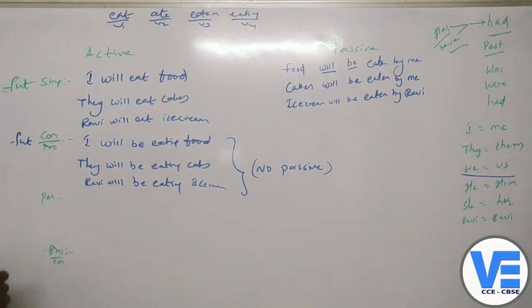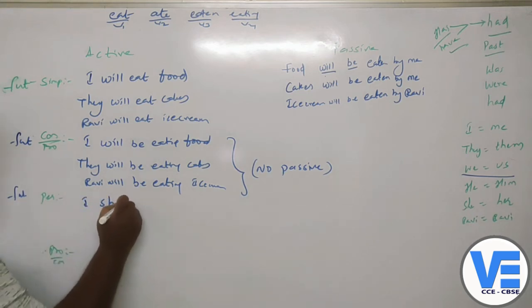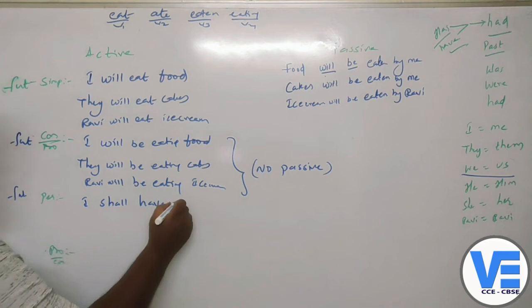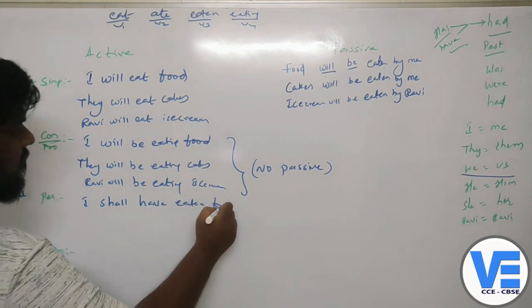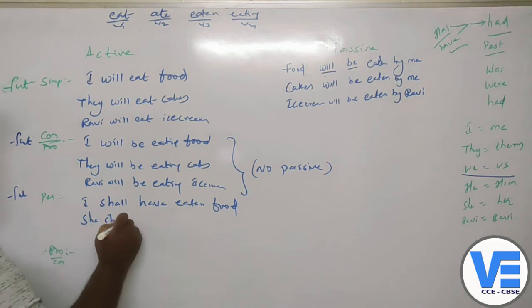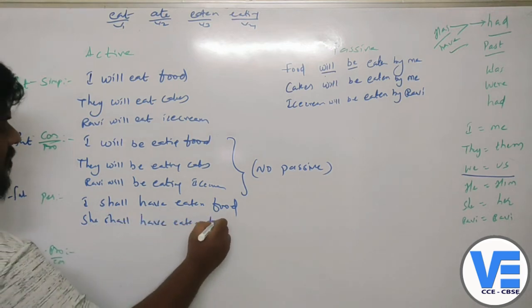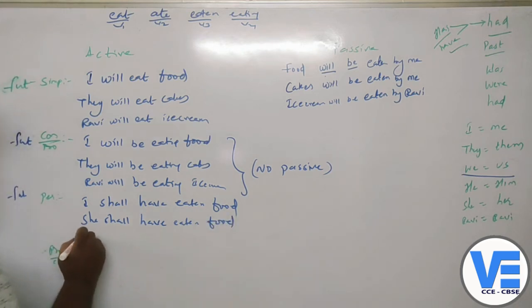So now we directly come to the future perfect. So I shall have eaten food. She shall have eaten food.